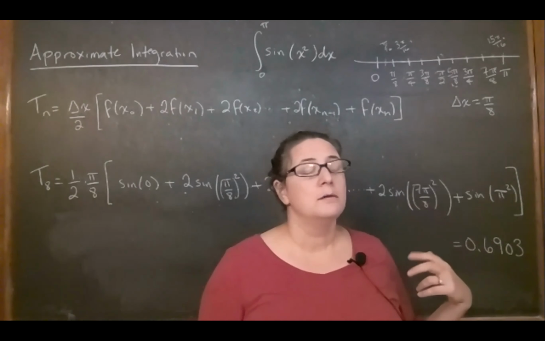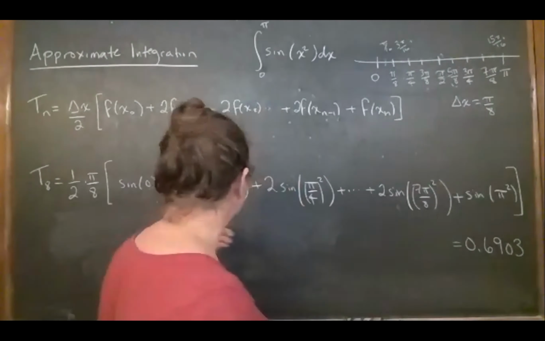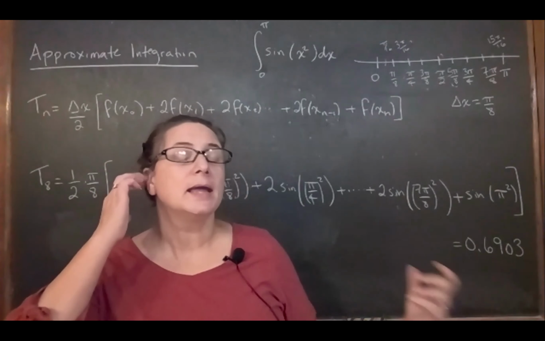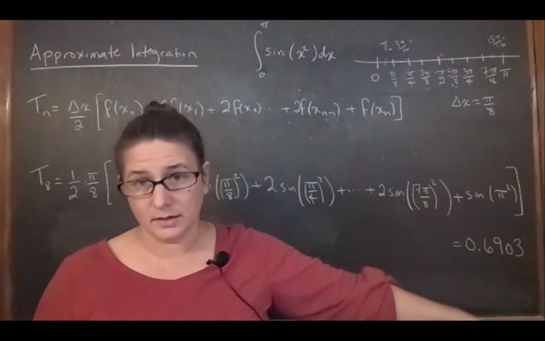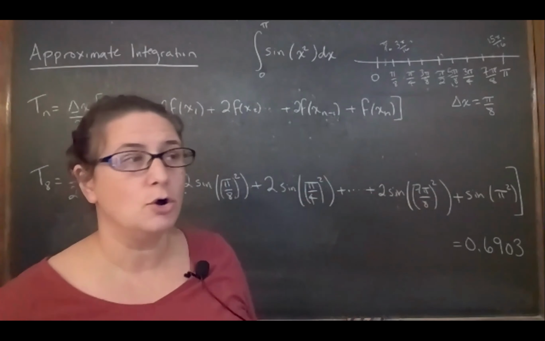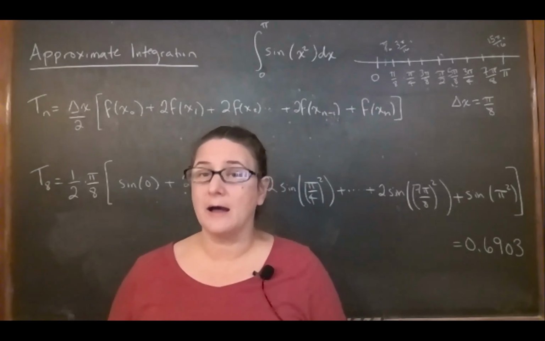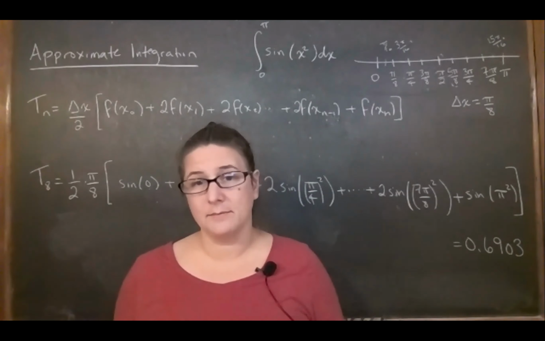Well, before we had a computer that could just spit the answer out to you, some poor schlep had to sit down and calculate this, right? So the more endpoints you had, the more calculation was required. So they came up with different ways of doing it so you could get a better, closer result with fewer endpoints.